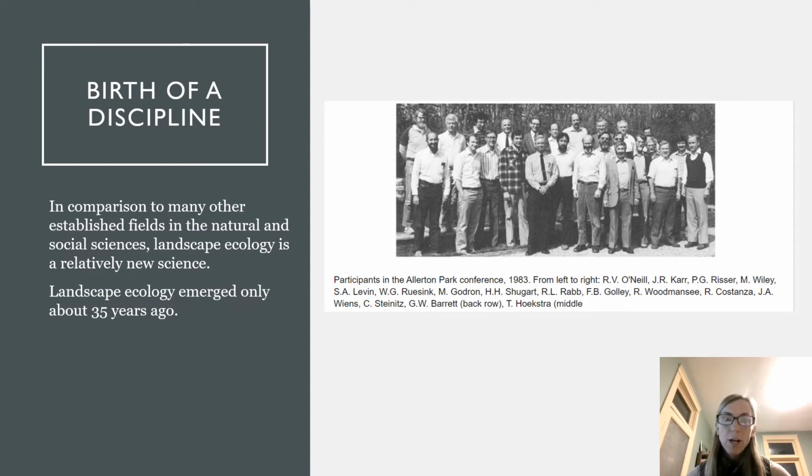And that workshop represented a pivotal moment in establishing the paradigm of landscape ecology in North America, which focused on the reciprocal effects of landscape pattern and ecological process.